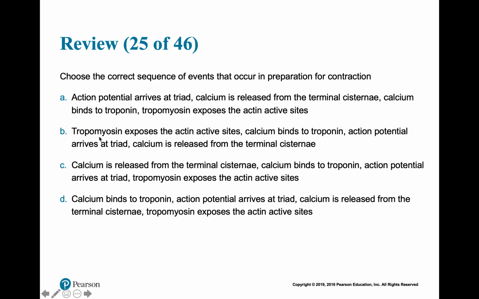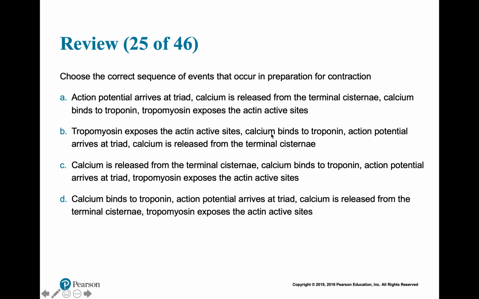So tropomyosin exposes the actin active sites. Well, I know that there are several steps that have to happen before tropomyosin exposes the active actin sites. There's other steps before this. So most likely this is not correct because this is not going to be the first step.